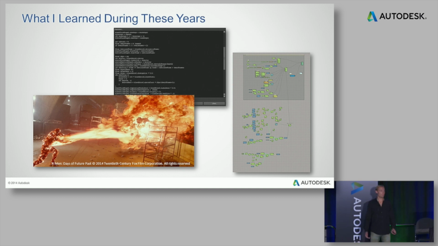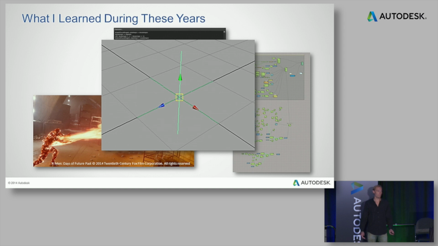But in a lot of cases, it really should be a point-and-click kind of thing. You should be able to work with these types of effects, in my opinion, in much the same way you might work in animation or in modeling, with more direct 3D user interfaces, and not be forced to always go into these graphs or scripting.